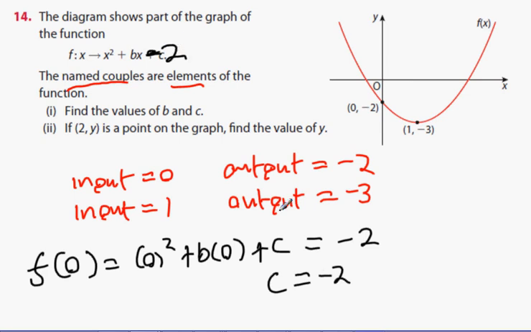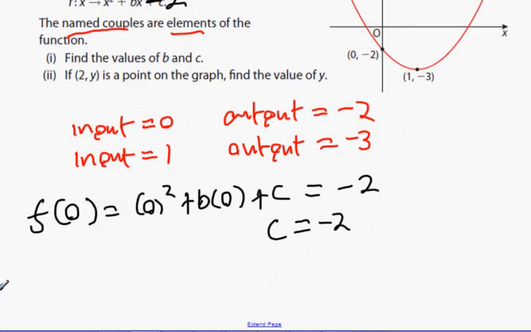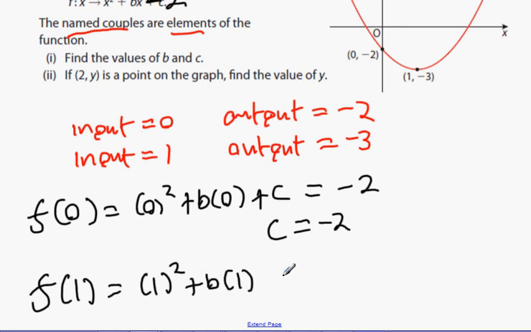Now, let's do f of, anybody? f of 1. When the input is 1, what's the output? It's going to be 1 squared plus b times 1. What did we say c was? Minus 2. And the output of that is going to be minus 3.